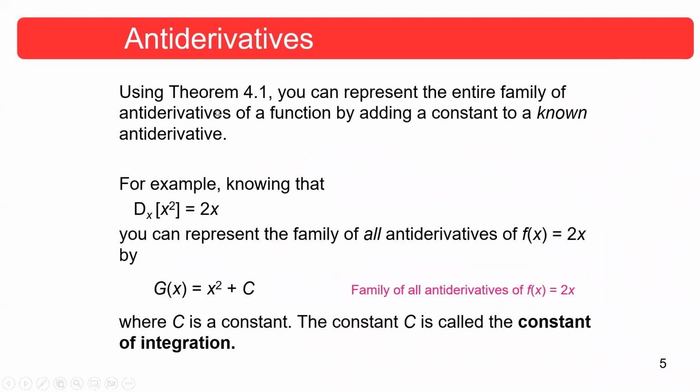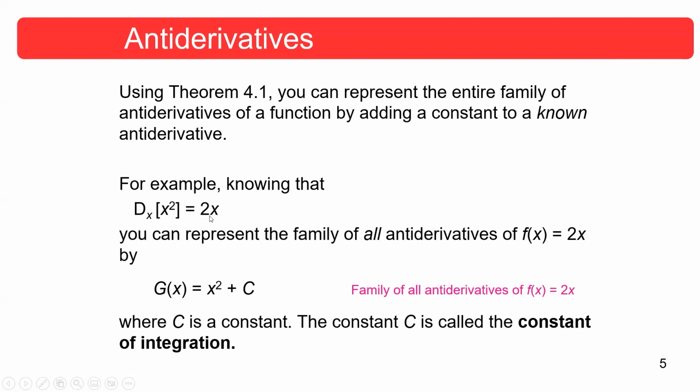So using theorem 4.1, look at this. You can represent the entire family of the antiderivatives of a function by adding a constant to a known antiderivative. So for example, the derivative of x squared with respect to x is 2x. So if I ask you, what is the antiderivative of 2x?